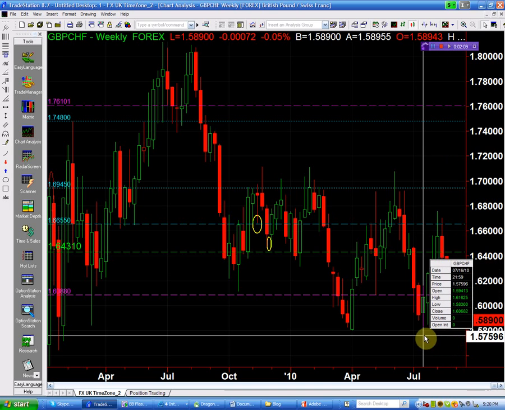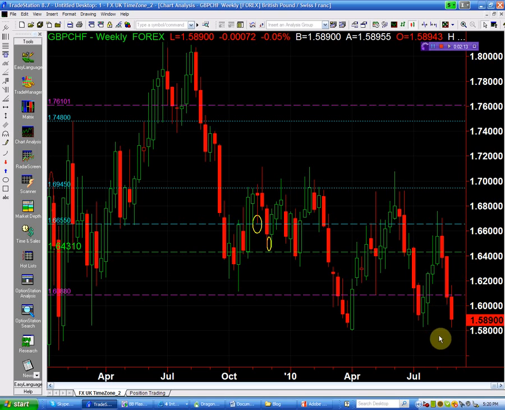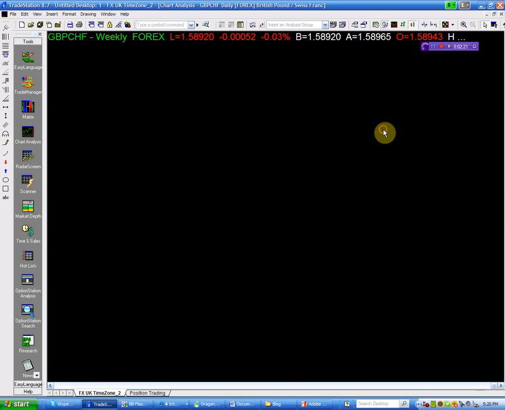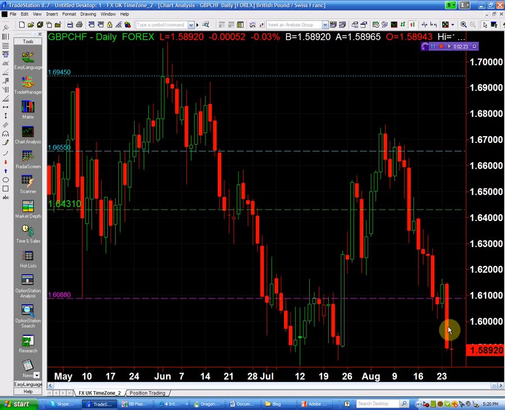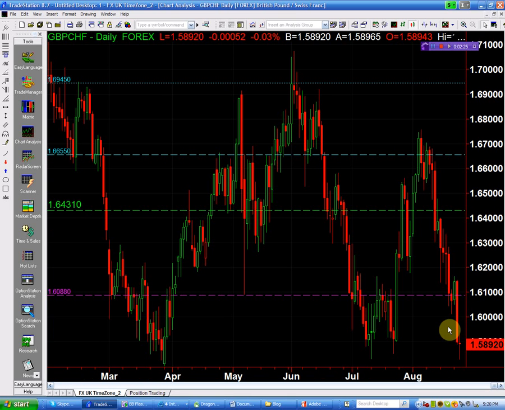Your structural point is the 158.30, so that is a pretty close test of the low. We did bounce off the structural point, but still this is a confirmed decline. We should be looking towards a continuation to the downside. So there is a major move, or a major flight, into the Swiss franc.